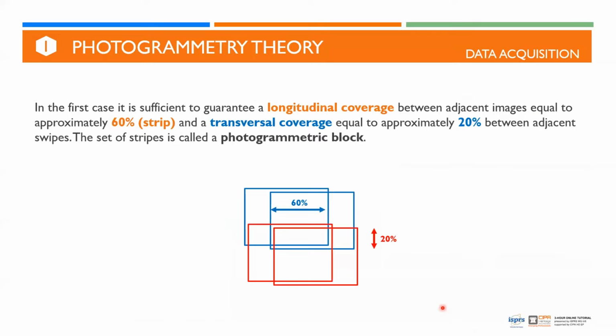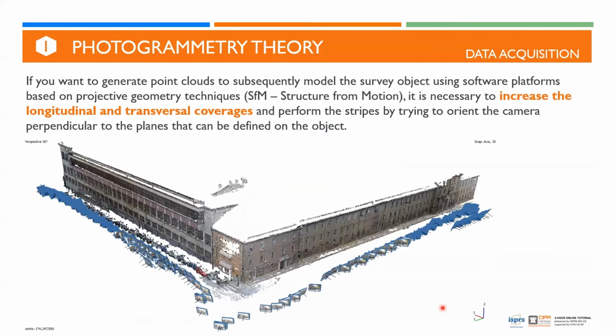I'll call it our photogrammetric block. But we have to take into account that if we want to generate point clouds based on the structure from motion, it is necessary to increase the coverage, both the longitudinal and the transversal coverage.